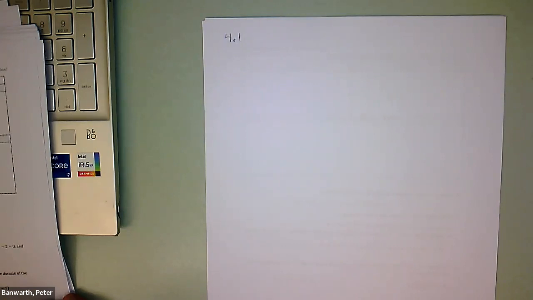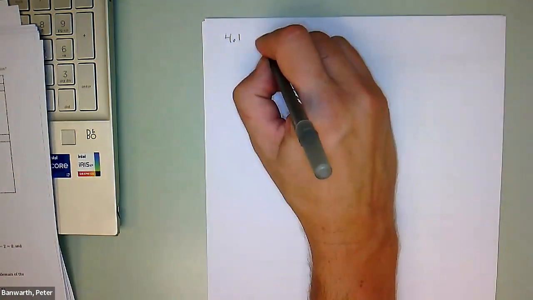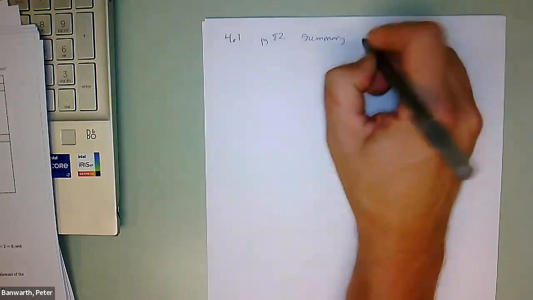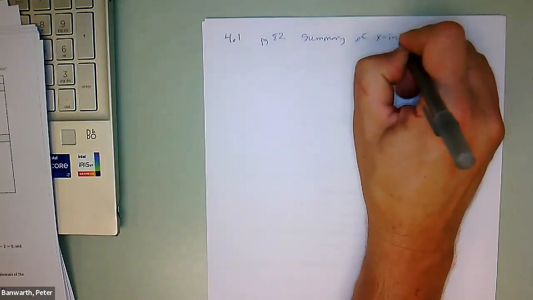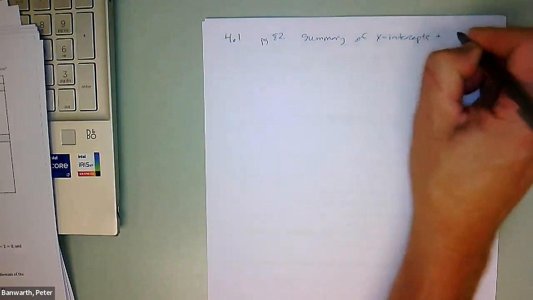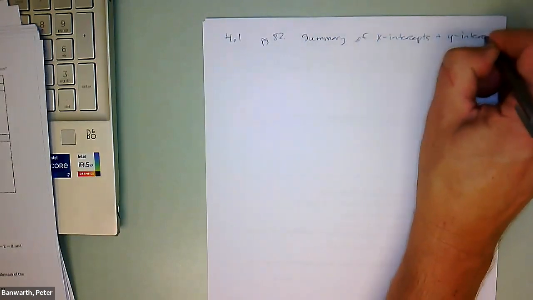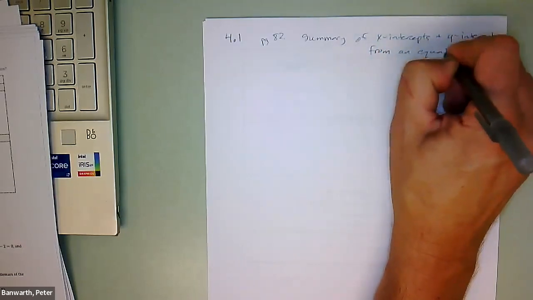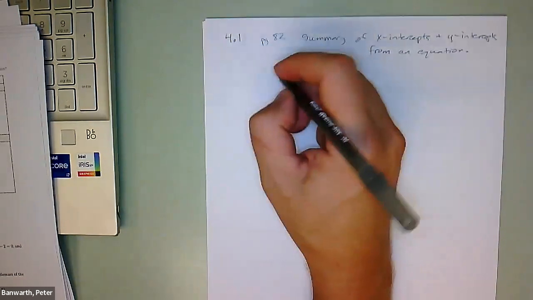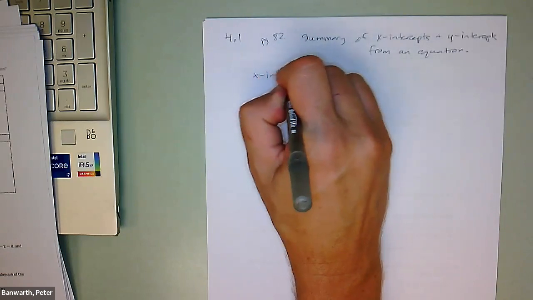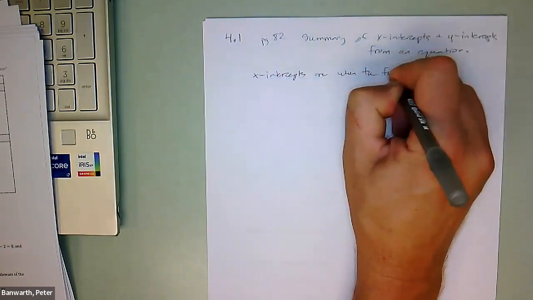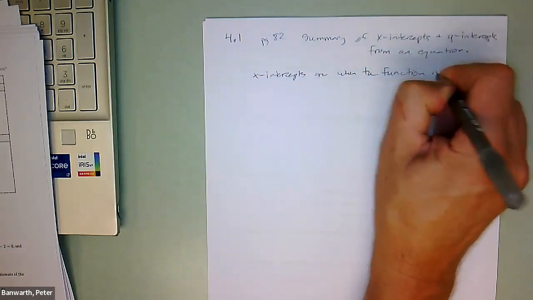Okay, so let's start on page 82 with the summary of x-intercepts and y-intercepts from an equation. Okay, so x-intercepts are when the function is 0.